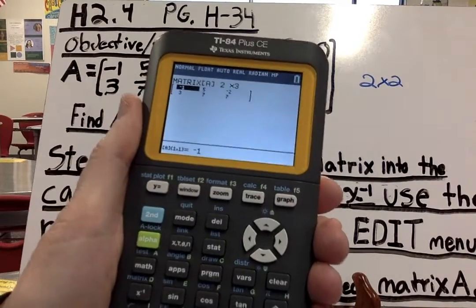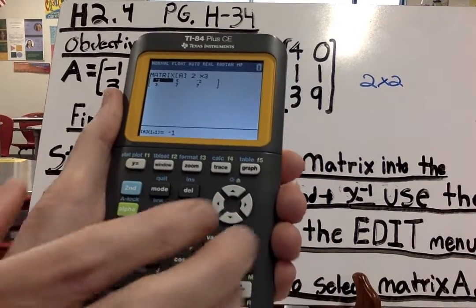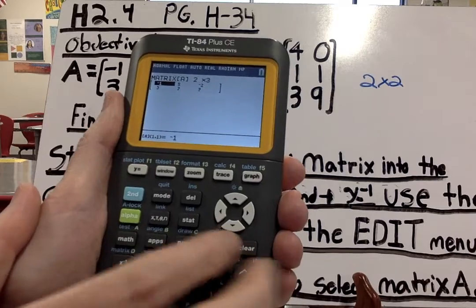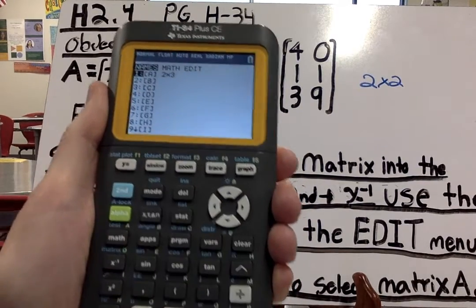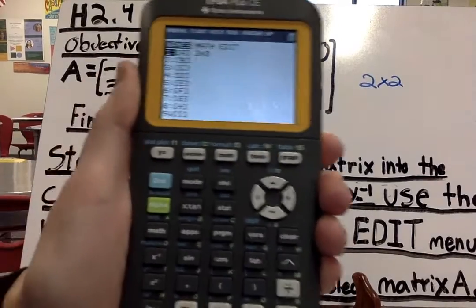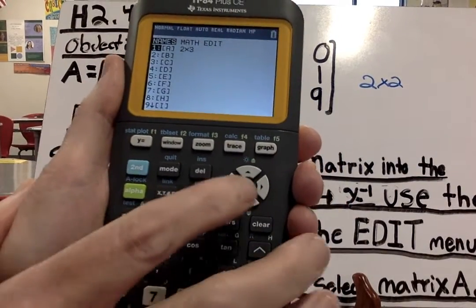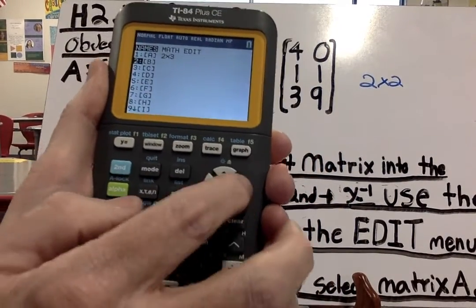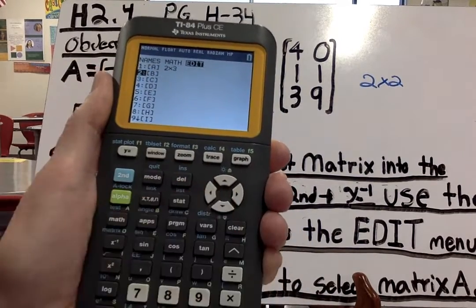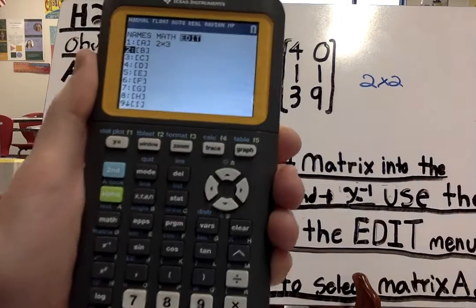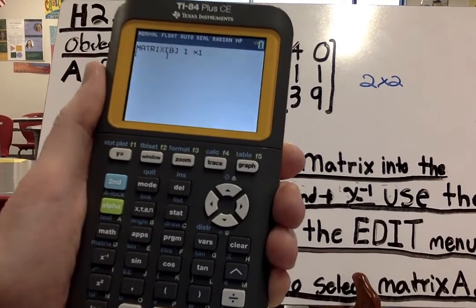Next, we have to get matrix B entered. I'm going to go back to second and our matrix. Now we have an A that's defined as a 2 by 3. We're going to go down to B and go over to edit. If it goes back to A, we go back down to B, making sure you're editing B. Enter.